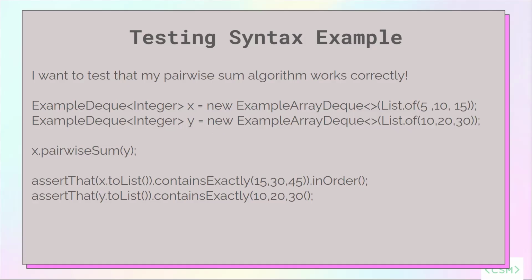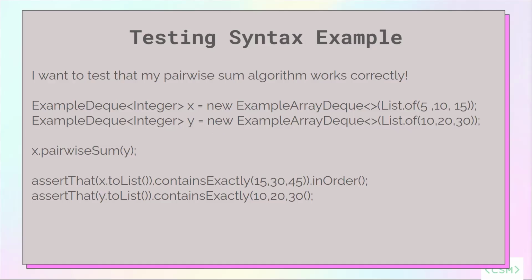So this is a very common thing you'll see in truth testing in general: you create an example input, which you can see in these two lines, and you run your function on your example input, and you check that the output is what you expect. And note that I'm actually checking two things here. Generally speaking, don't just check that the output is correct, check that you didn't actually edit the other stuff as well.